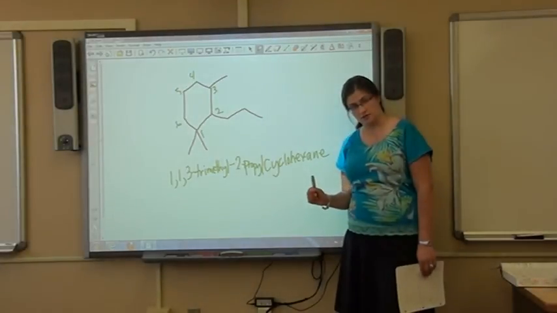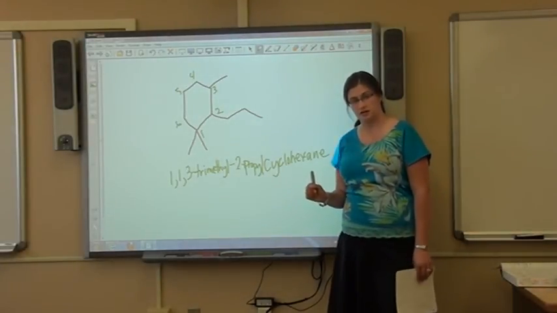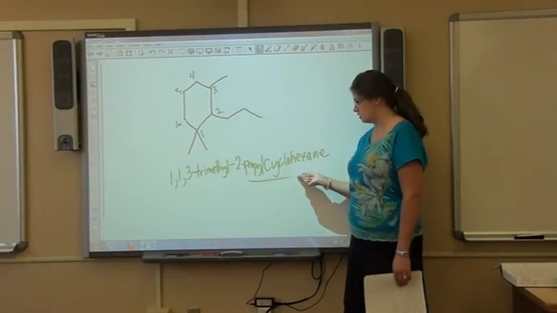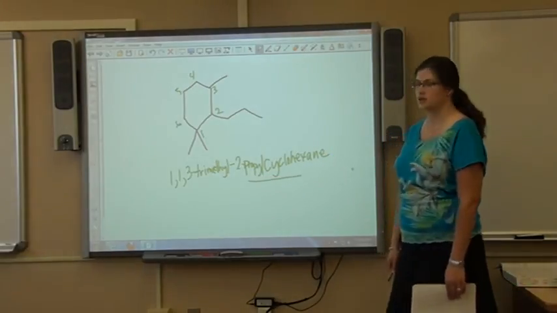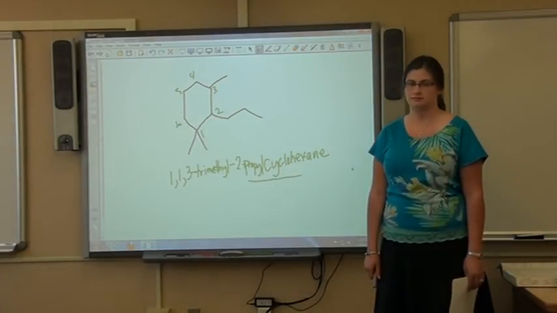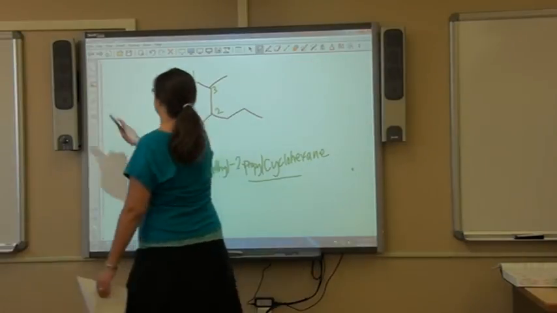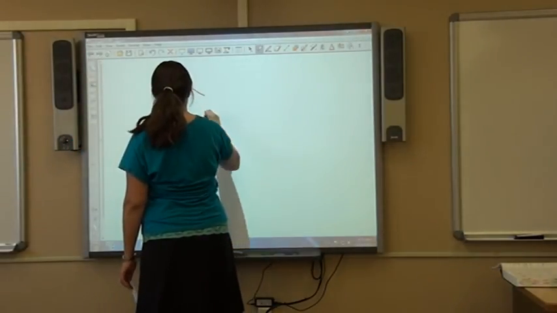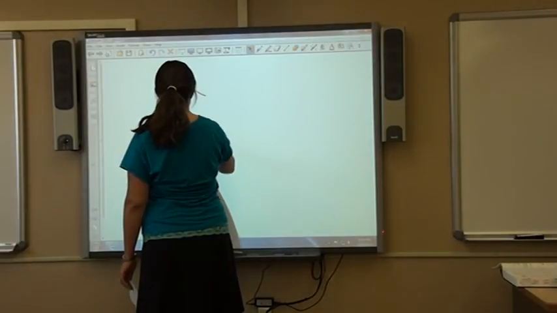In organic compounds, all of the letters are lowercase, nothing is uppercase. And this is all one word. 1,1,3 trimethyl 2-propyl cyclohexane. Oh golly.